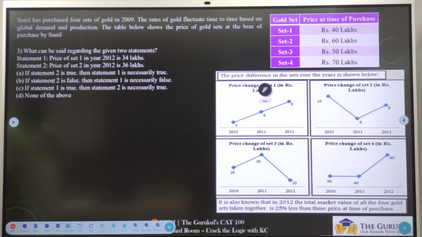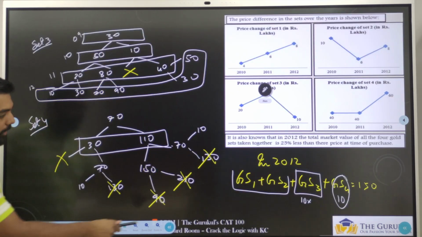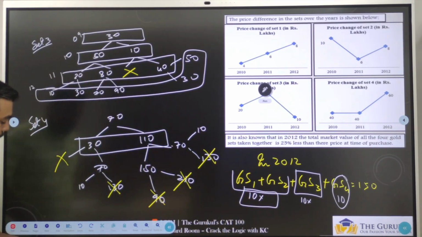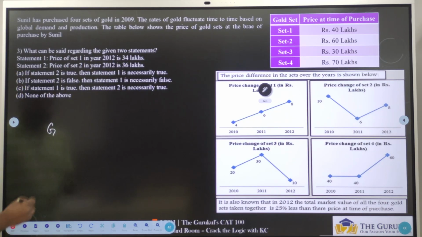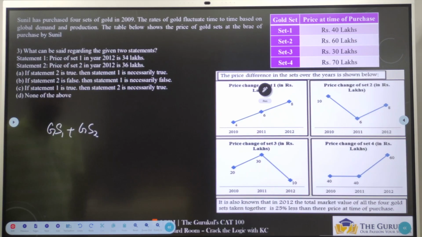These are the statements. Let us start with if statement 1 is true. If statement 1 is true, we already concluded this 2 sum should be equal to a 10 multiple. That is what we wrote here. Okay. So gold set 1 plus gold set 2 should be a 10 multiple.